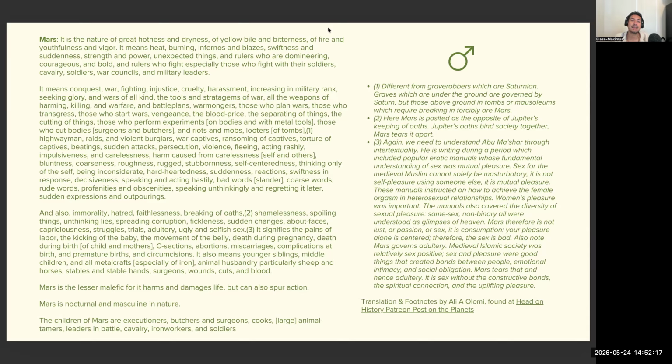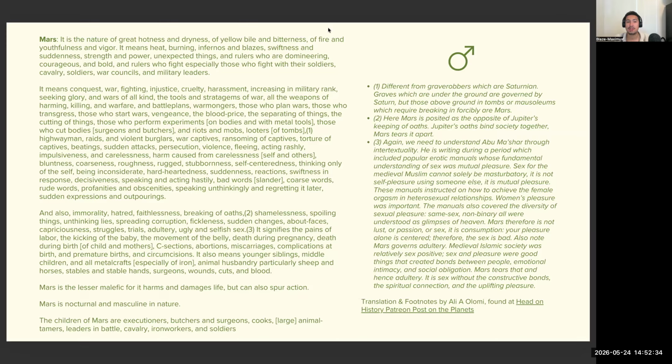It represents the seeking of glory and wars of all kinds, the tools and stratagems of war, all the weapons of harming, killing, and warfare, and battle plans. It represents warmongers, those who plan wars, but also those who transgress as well.